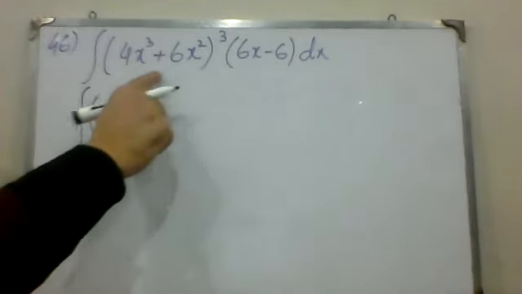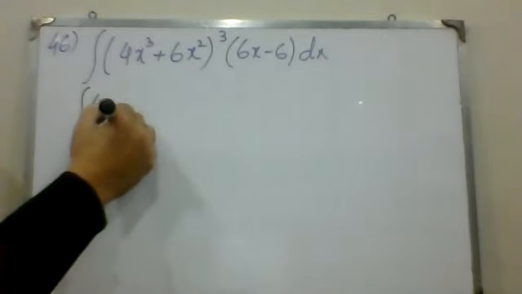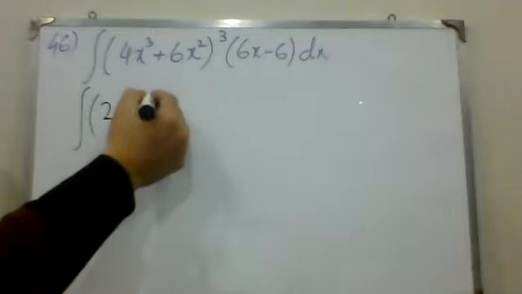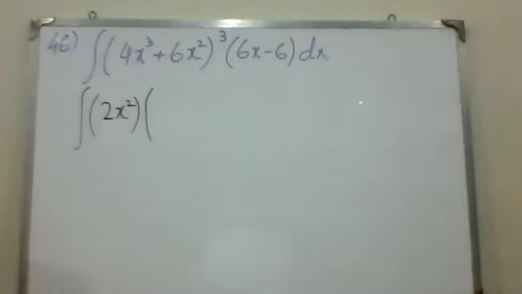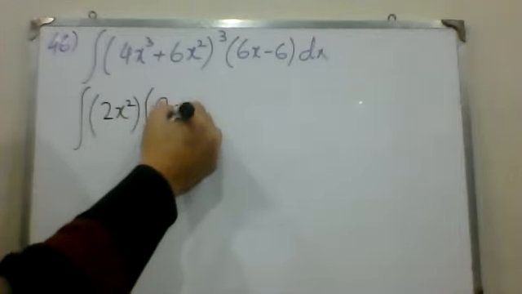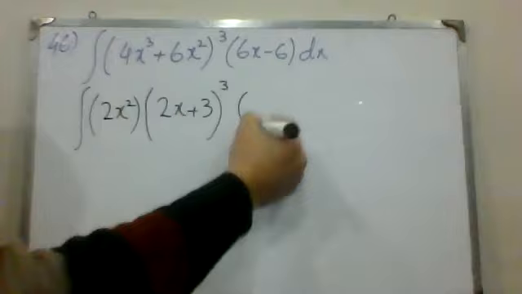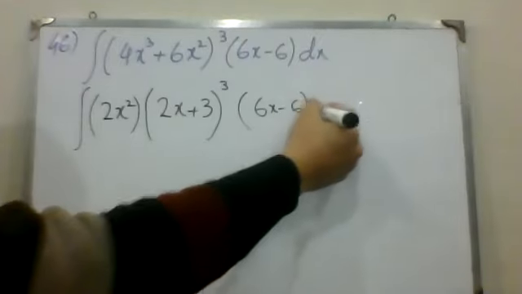So remaining term is what? 2x plus 3, whole power 3 and 6x minus 6 dx.